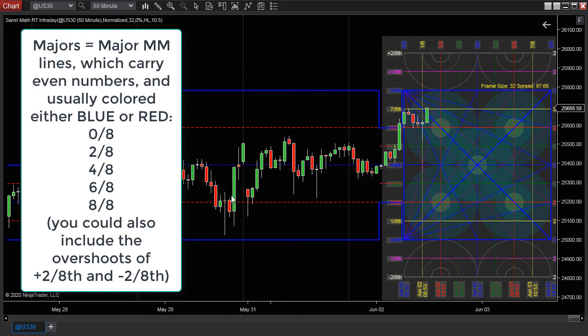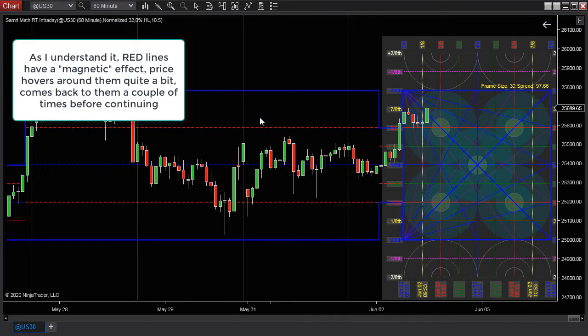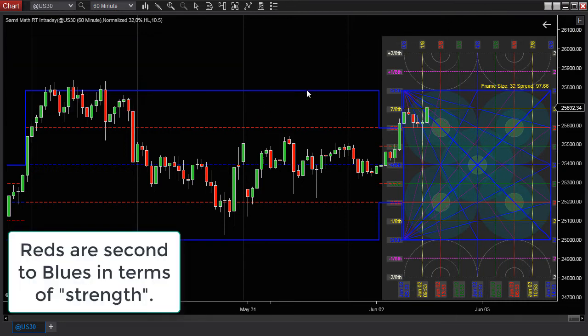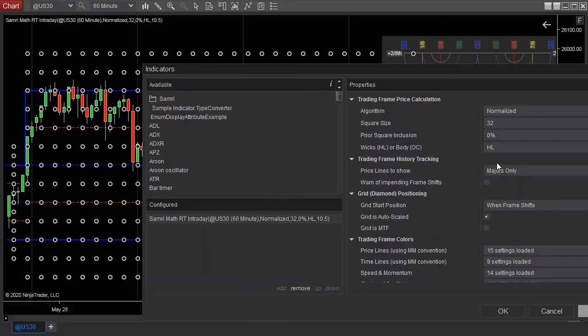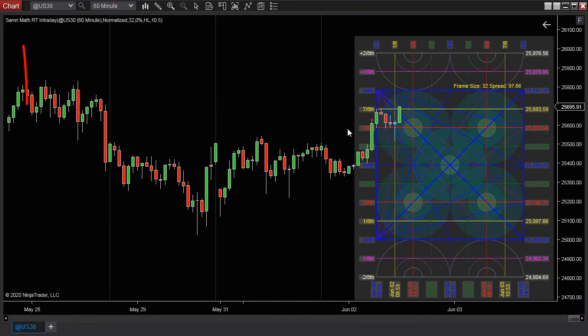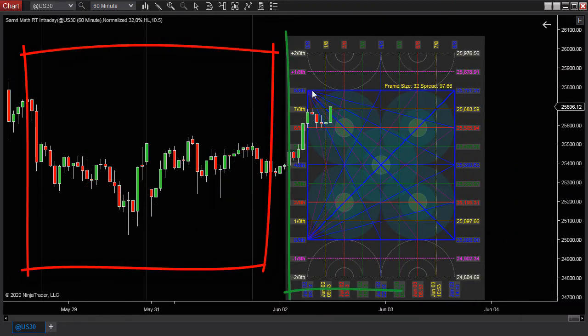If you trade you will know that these lines are a little stronger than the other lines. One more option is none. I don't want to see those plots at all, so just turn them off if you want. There you go. The history is turned off, and all you're seeing is the current trading frame.